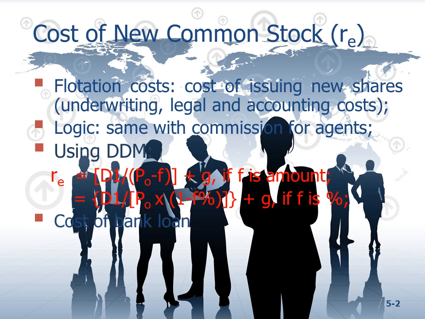Cost of bank loan, just as an analogy. Basically, the cost of new equity in which we apply the DDM is similar to the basic concept of the cost of a bank loan. When you say cost of bank loan, we can refer to the interest rate. How do you get the interest rate for a simple interest? The basic formula is that the numerator is your expense and the denominator is your net proceeds.